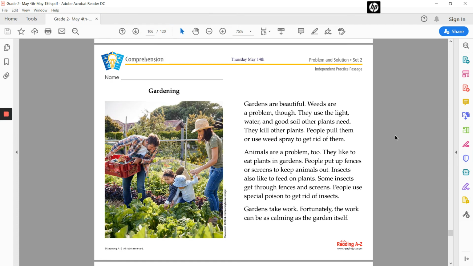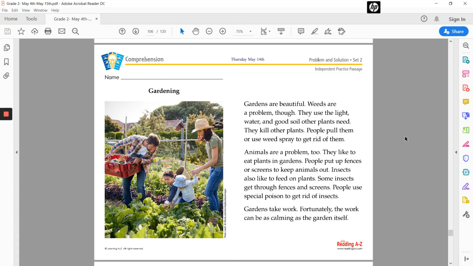So this problem and solution passage is about gardening. Think about what you know about gardening. We want to try to identify the problem in this passage. So listen carefully for those signal words or things that might harm gardens.